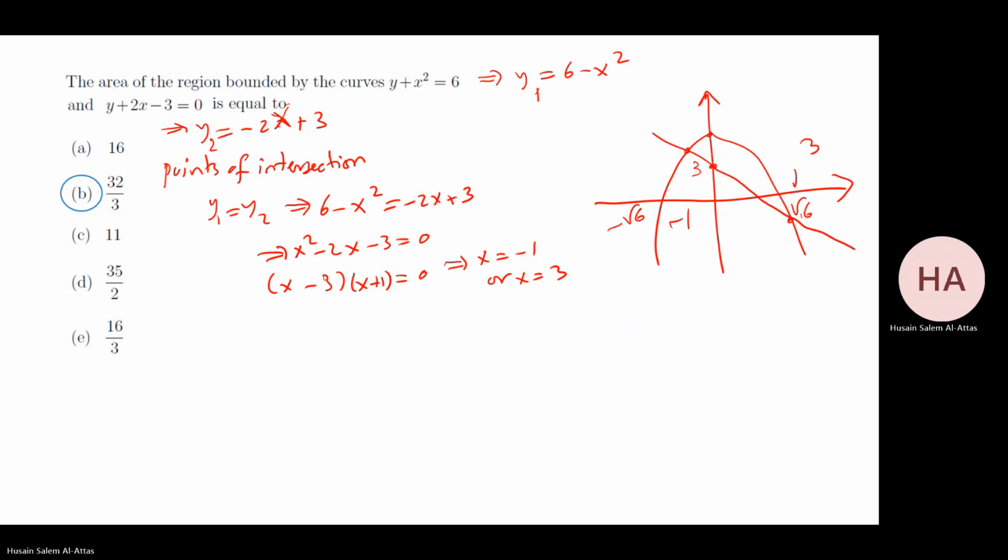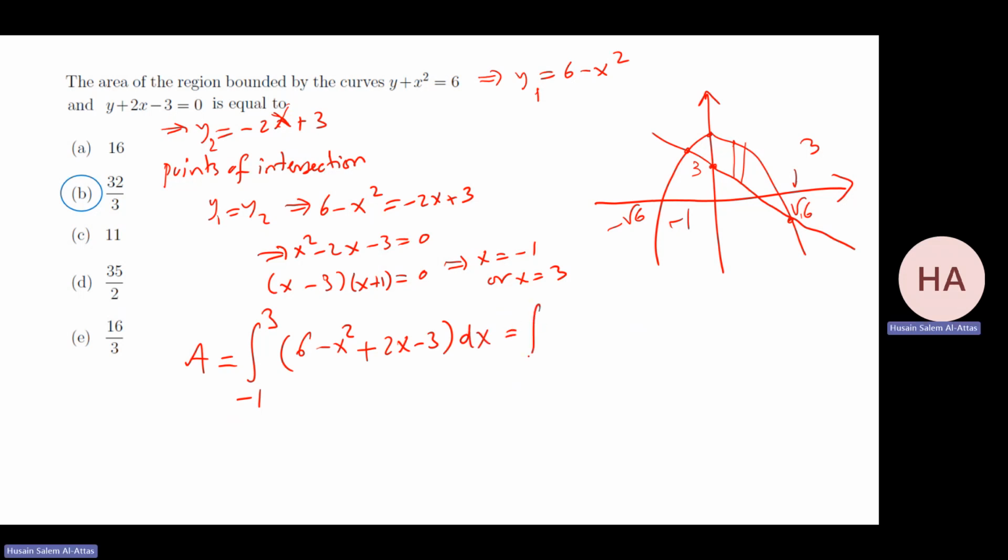Then we take the strip this way, which is the parabola minus the line. Very clear. So the area will be the integral from minus 1 to 3 of the parabola, 6 minus x squared, minus the line, minus 2x plus 3, dx.